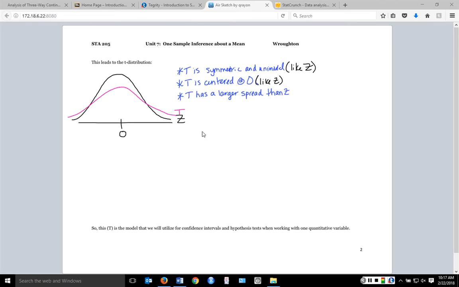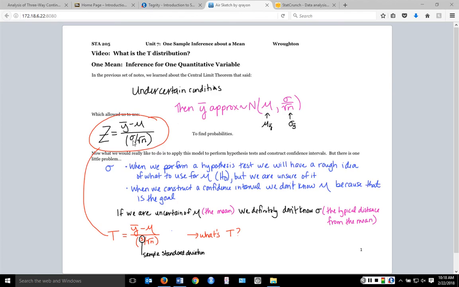But more specifically about this spread is that the spread is actually dependent upon something. This spread changes based upon our sample size. I hope that idea makes some sense, because if I go back to my idea of what I'm doing here, I'm taking this population standard deviation and I'm replacing it with a sample standard deviation.